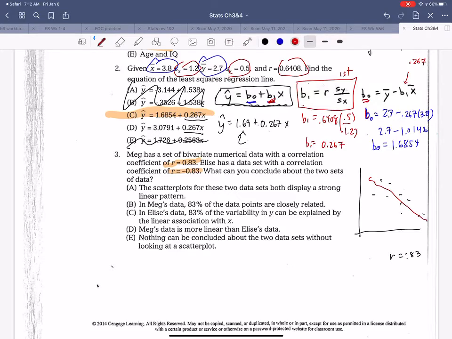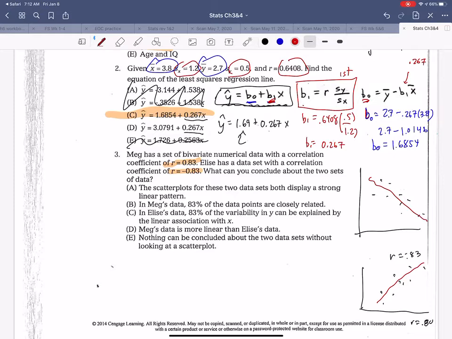It's a fairly strong relationship. And the same R value but negative would mean the closeness of the dots is exactly the same. The only difference is that one's a positive relationship, one's a negative relationship. What can you conclude about these two sets of data?